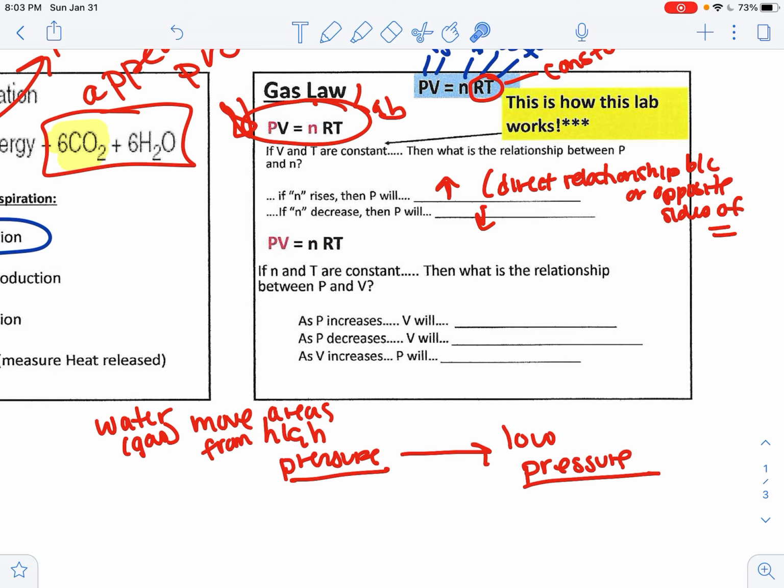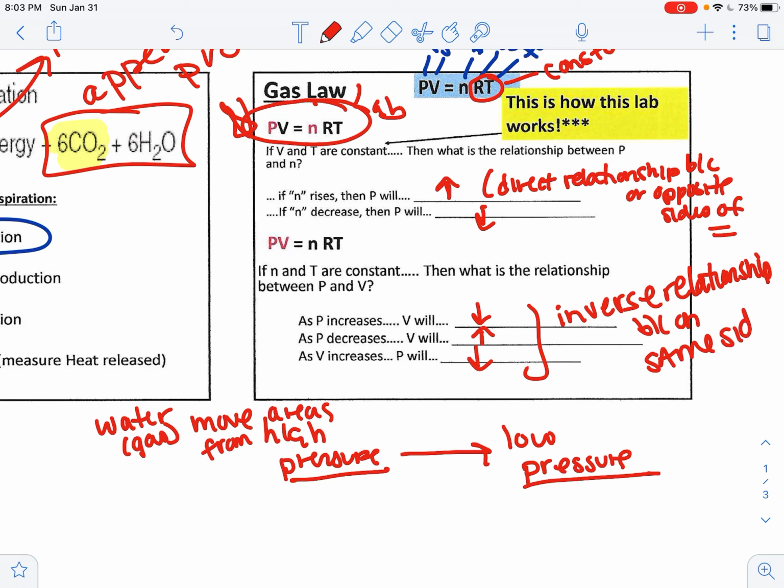If P increases, then V will decrease. If P decreases, V will increase. You see they have what we call an inverse relationship. Anything that's on the same side of an equation.